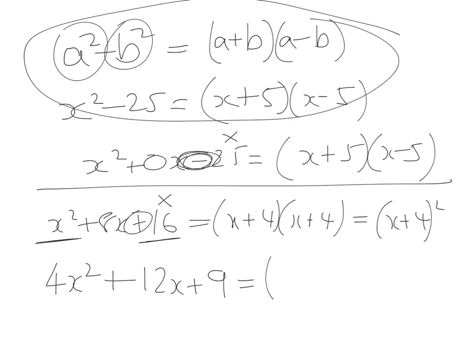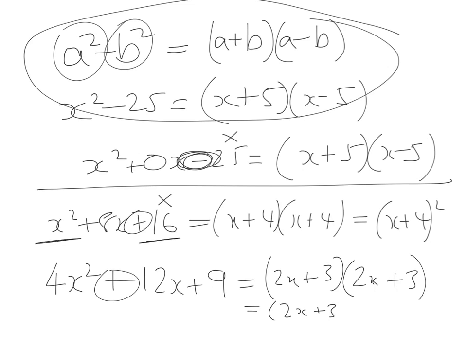So square root of 4x squared is 2x, square root of 9 is positive 3, or negative 3, but because that's positive, we'll leave it as positive now. So that becomes 2x plus 3 all squared. Let's just check it out by doing, okay, the middle bit should be double the product. So that gets you 6x, double it, gets you 12x, so it's good to go.